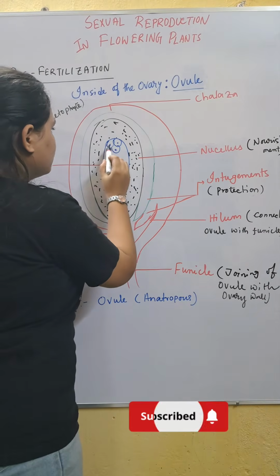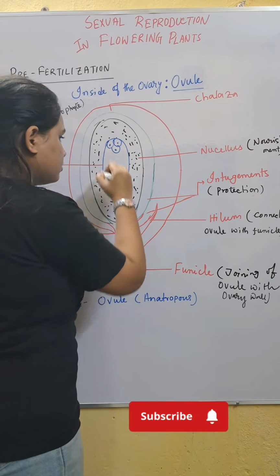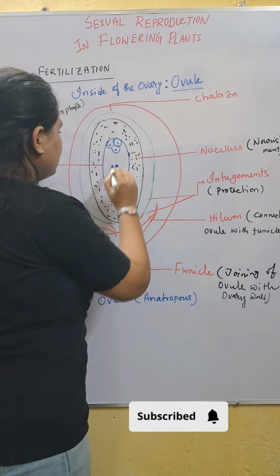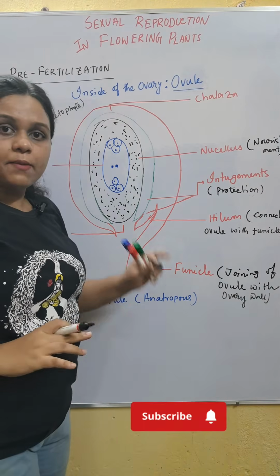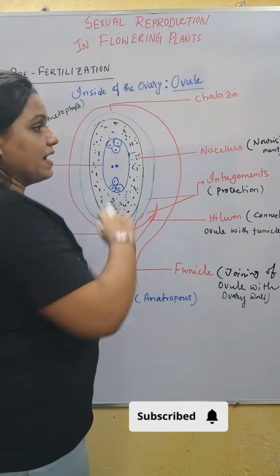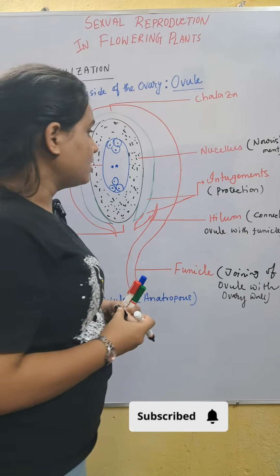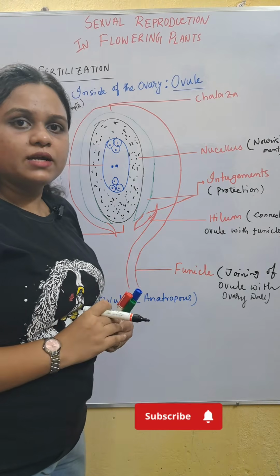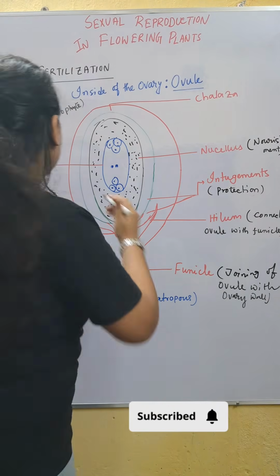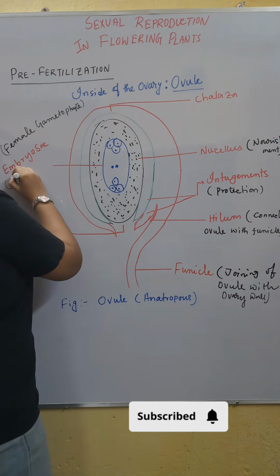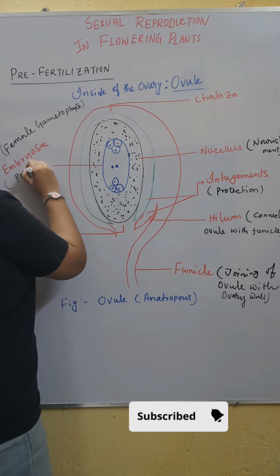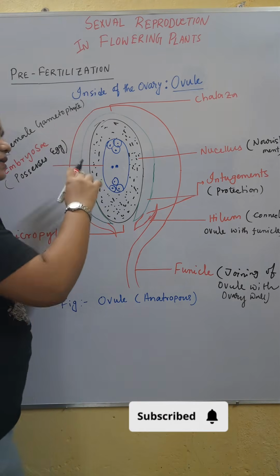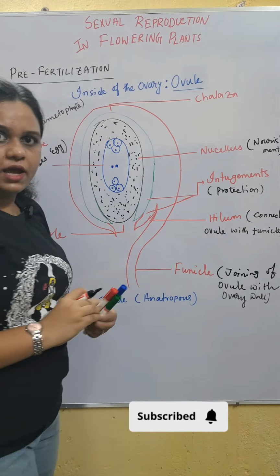You can count 1, 2, 3, 4, 5, 6 and 7 cells in total, and it is 8 nucleated. So the embryo sac is a 7-celled, 8 nucleated structure which is responsible for the main reproductive part of the female. It possesses the ovum or egg, and fertilization occurs in the embryo sac.